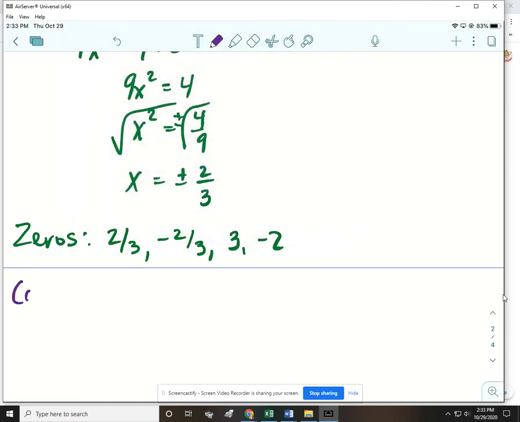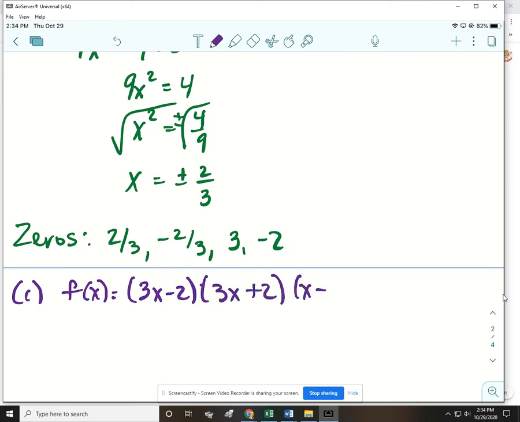Alright, so then the C part, where we write our linear factors, try to think about what factor is going to give you a 0 of 2/3. So that's going to be 3x minus 2, 3x plus 2, x minus 3, x plus 2.